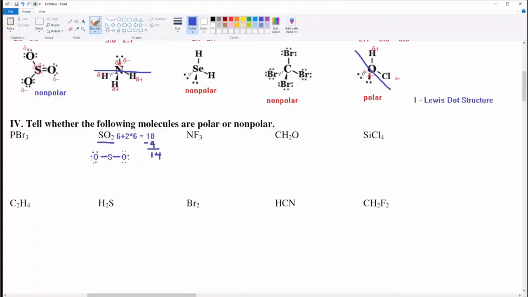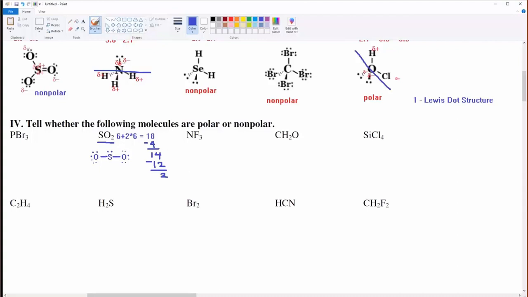You guys are really good at this. I'm impressed. Now what? Okay, so hang on. If I've used 12 by putting them around the outside, I've got 2 left, and they'll go on the central atom.